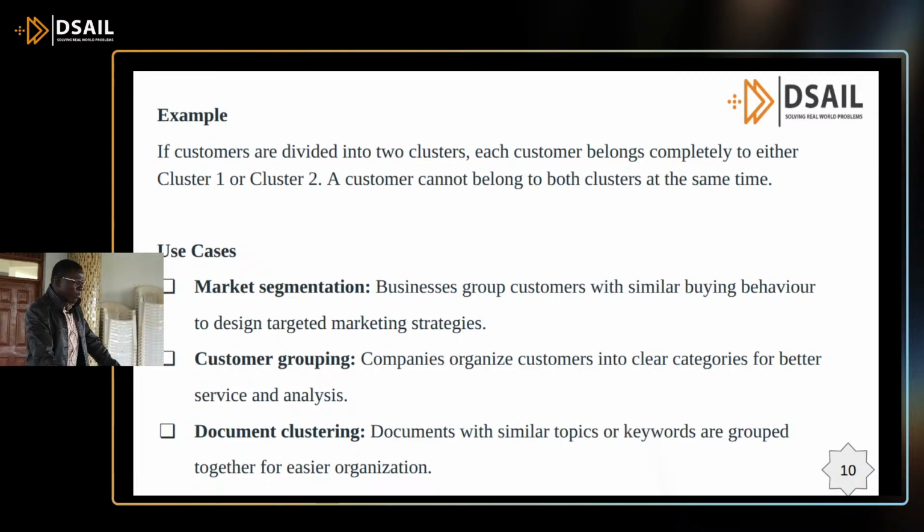So customer grouping also, and document clustering. This is something in stuff like topic modeling, where you have a document and you may want to group it, whether it falls under, let's say, medical things, or what other topics?